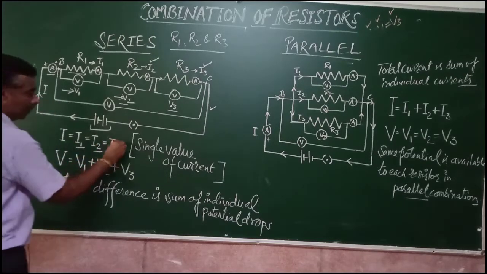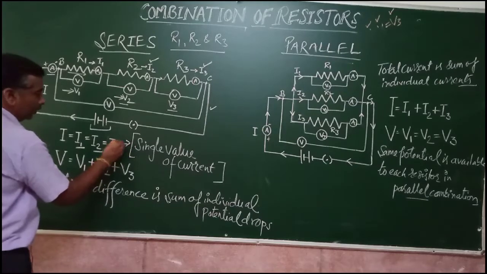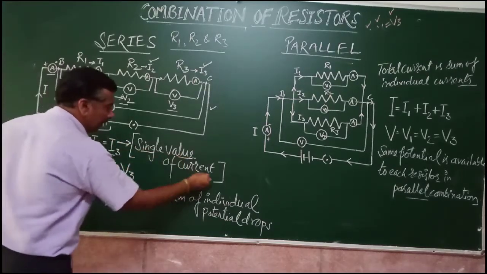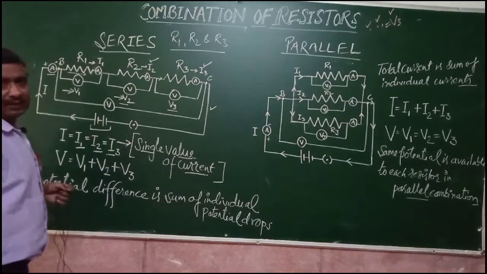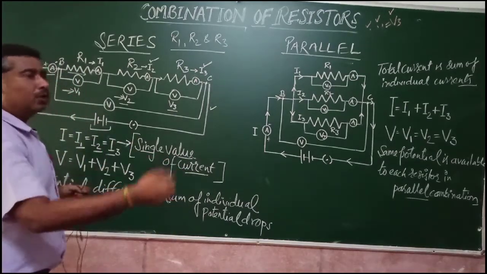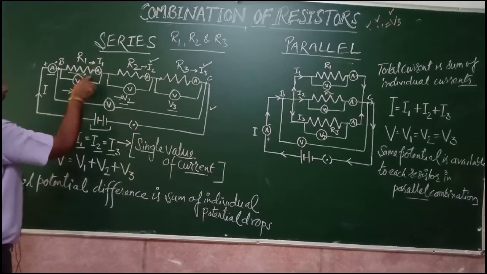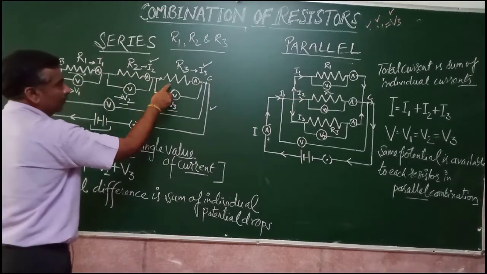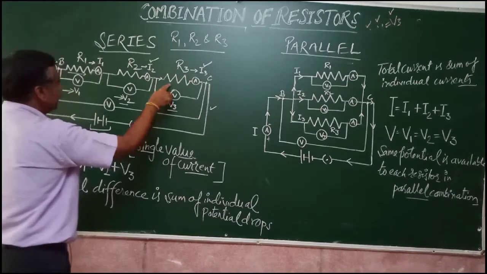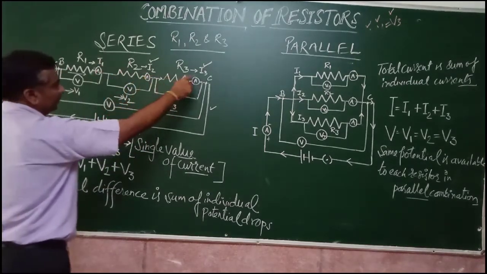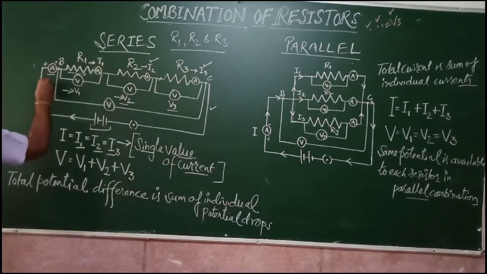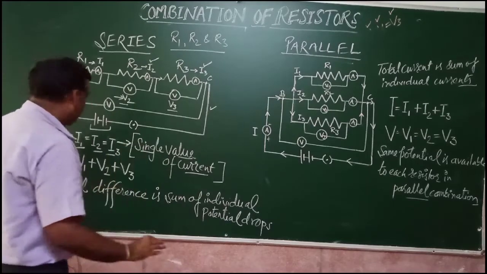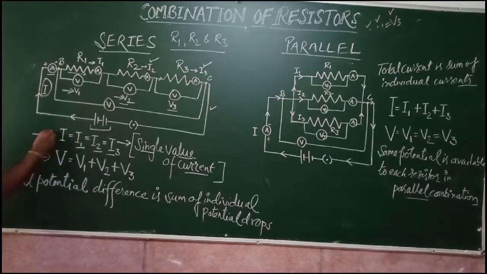What we can infer is that there is a single value of current through the series combination. That means the same amount of current flows through R1, R2 and R3. That means I1 is equal to I2 is equal to I3, which is equal to the total amount of current flowing through the circuit.